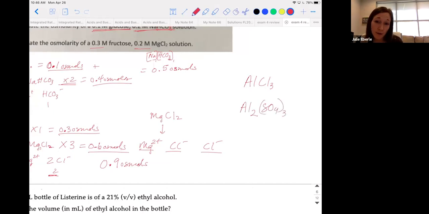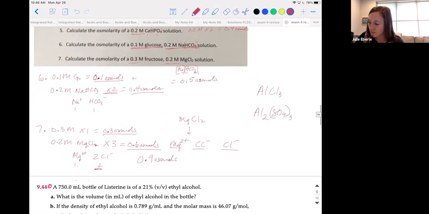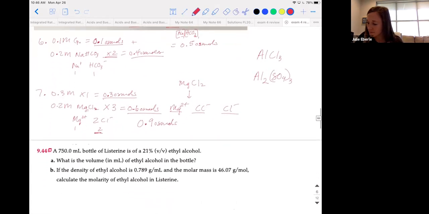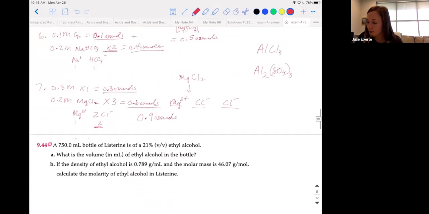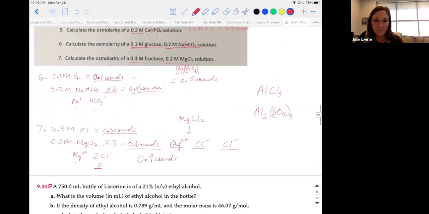How many particles do you get when that dissolves? There, y'all got it now, 5, okay? And then you would multiply your molarity by that number of particles. Okay, so questions on calculating osmolarity?